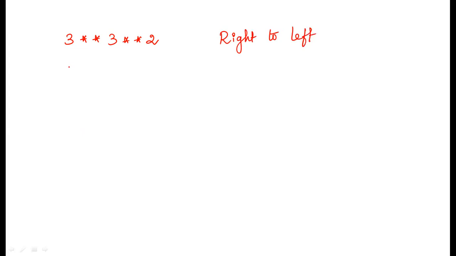So first you have to work with 3 exponent 2. 3 power 2 is nothing but 9. So 3 exponent of 9. So what is the equivalent of 3 power 9? Which is 19683. Let us check by execution.